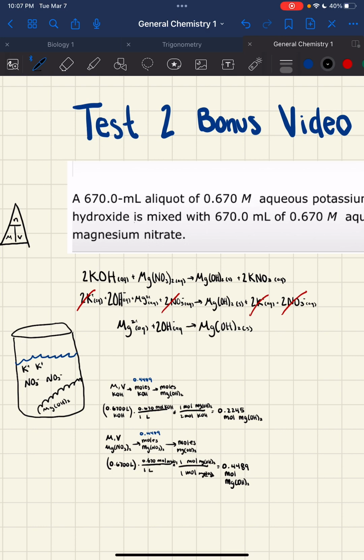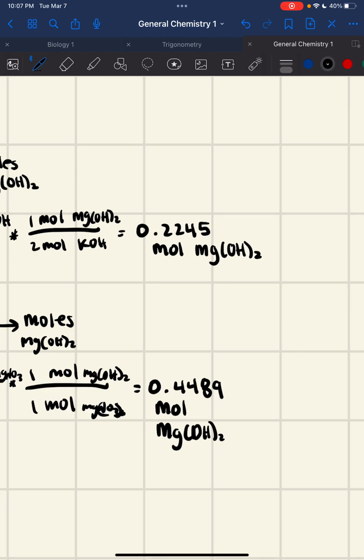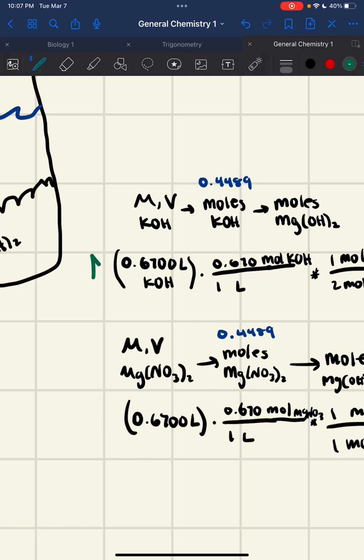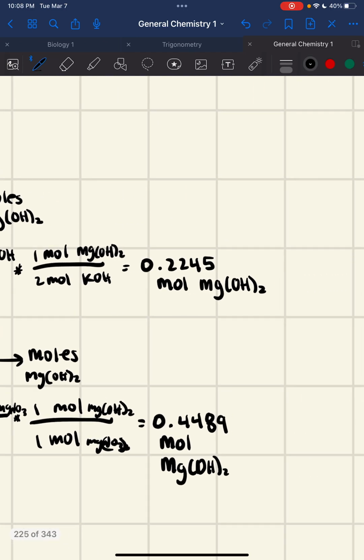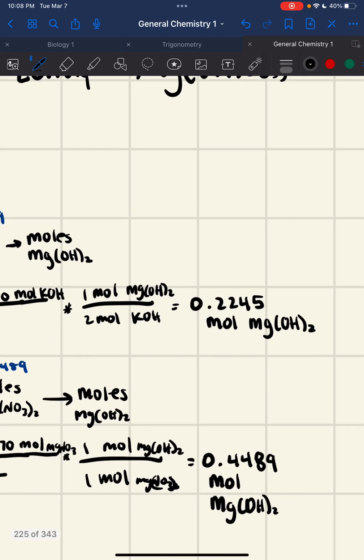All right. And furthermore, looking at this, we can see that KOH is our limiting reagent. So therefore, all your KOH, or more specifically, let me check my math. I want to make sure I do this correctly.